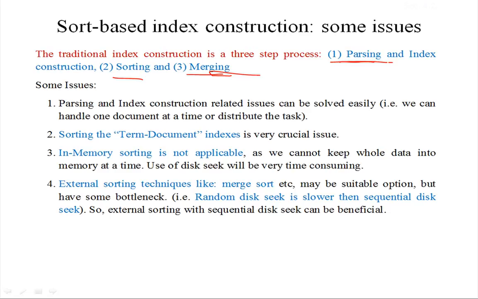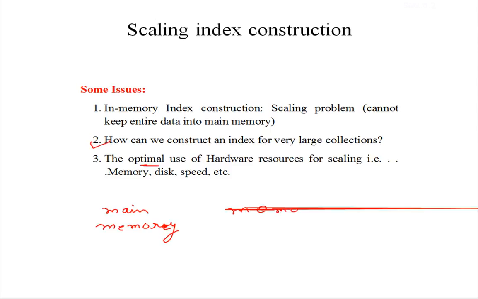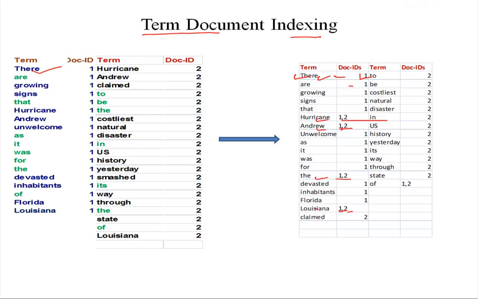Now we will go through some issues. Parsing and index construction related issues can be solved easily. We can handle one document at a time, or we can distribute the task. For example, as I have taken here, we will take one document at a time, and then another, and then we can merge them.